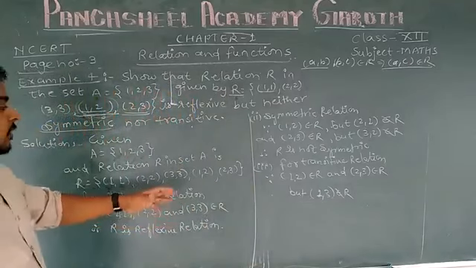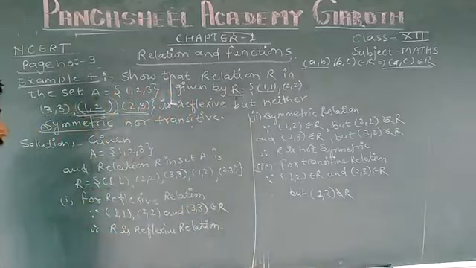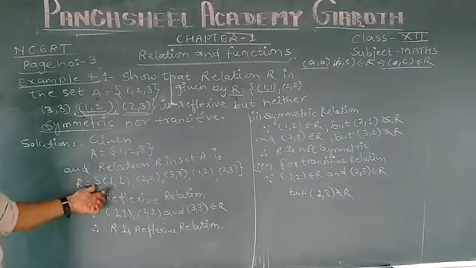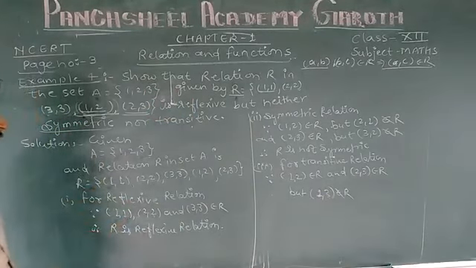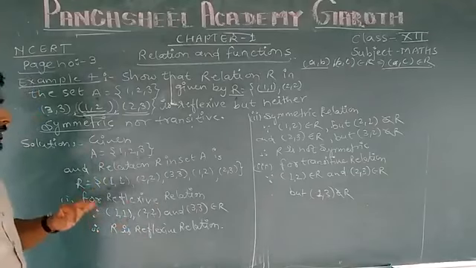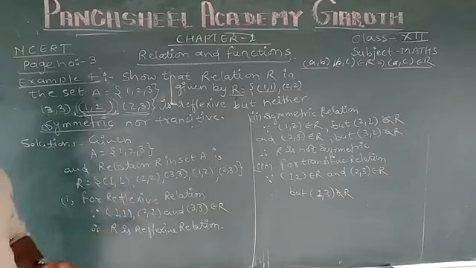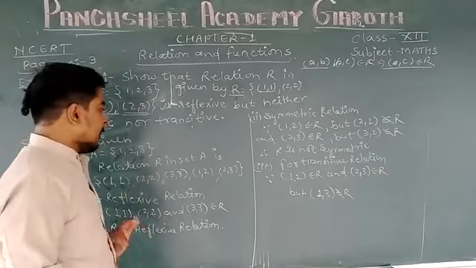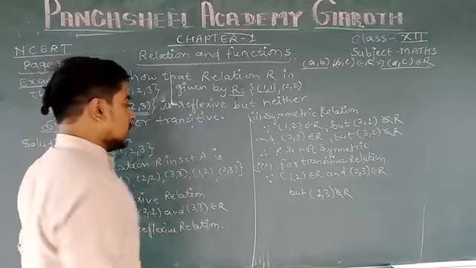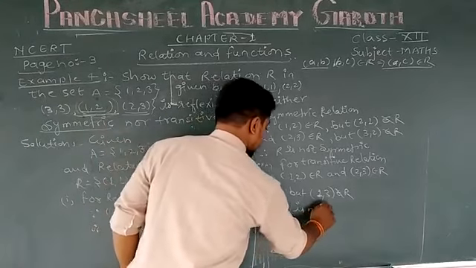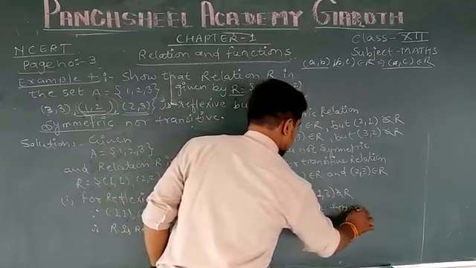If the ordered pair (1,3) were in R, then R would be transitive. But here the ordered pair (1,3) is not given in R. Therefore, R is not a transitive relation.